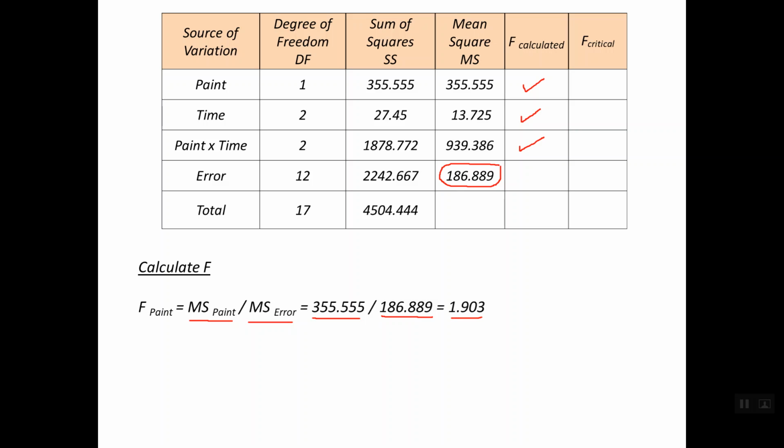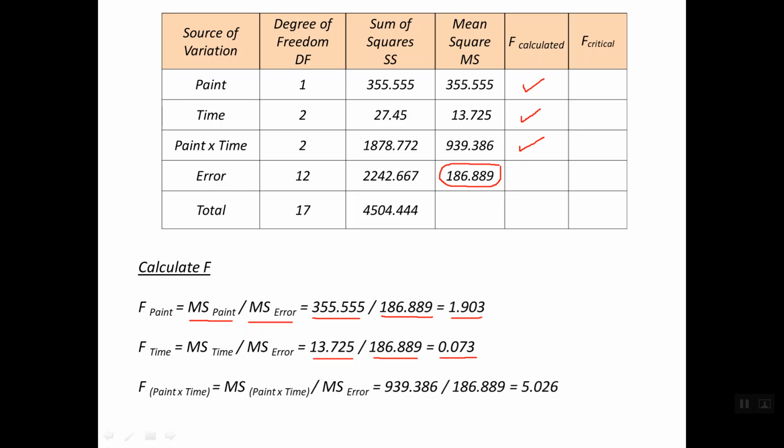The same way we can proceed for the second factor, which is the time. This is the mean square for the second factor, and this is the mean square for the error. So the result will be 0.073.